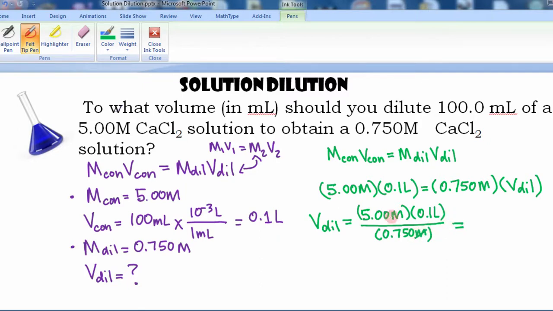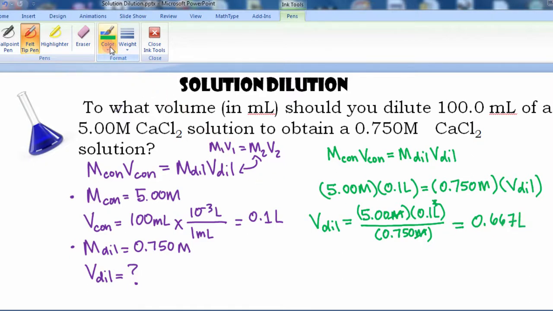Our units of molarity cancel out, and we should be left with something in liters. So that is equal to 0.667 liters.